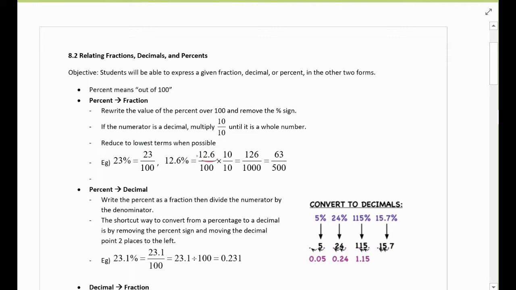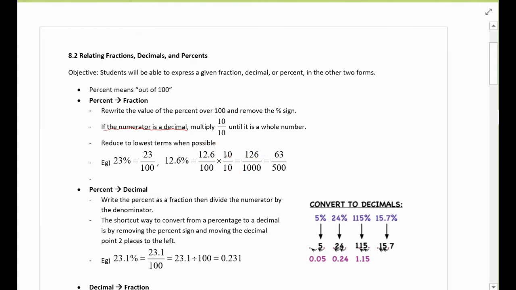is 12.6 over 100. But if the numerator is a decimal, 12.6 is a decimal number, so you multiply by 10 to both numerator and denominator to make it a whole number.